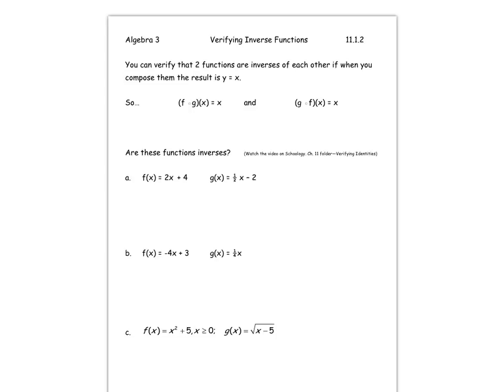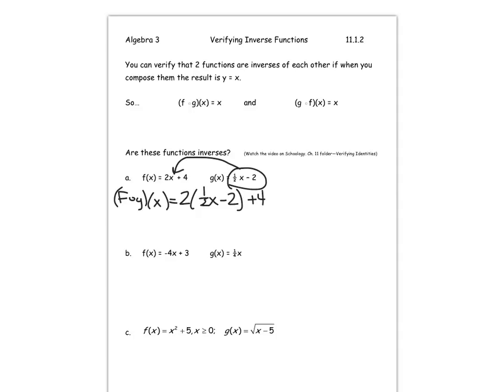So we have to remember, it's been a while since we did this. So if you can plug the g into the f, and everything cancels out but the x, then you're halfway to proving. So for this first one, if we do f of g of x, then we would get 2 times 1/2 x minus 2, plus 4.